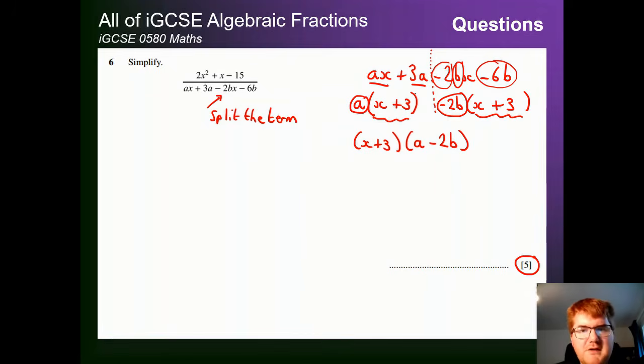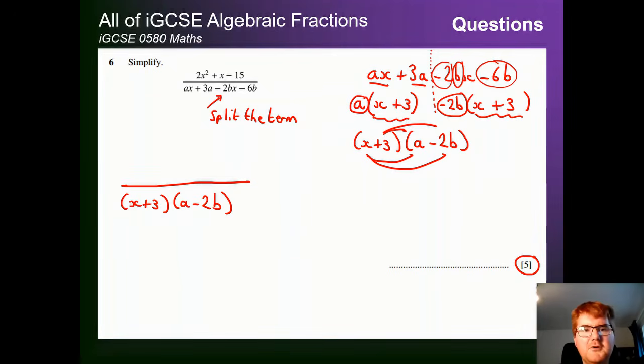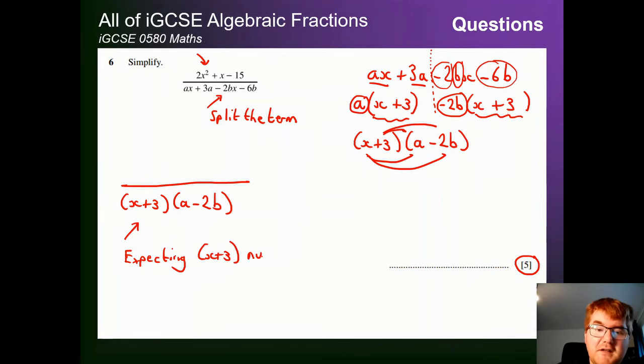Again, if we're not sure that's the right answer, we can use the double hook to expand and check that it is correct. So we've done the bottom part here. We've got an x plus 3 and an a minus 2b. Now, because we have x's in the top here, again, I'm expecting an x plus 3 in the numerator. Otherwise, we simply can't simplify this.